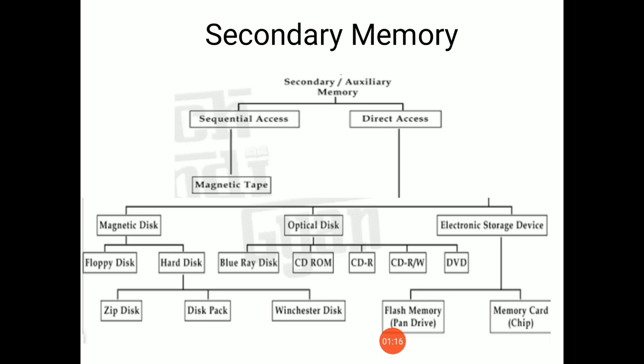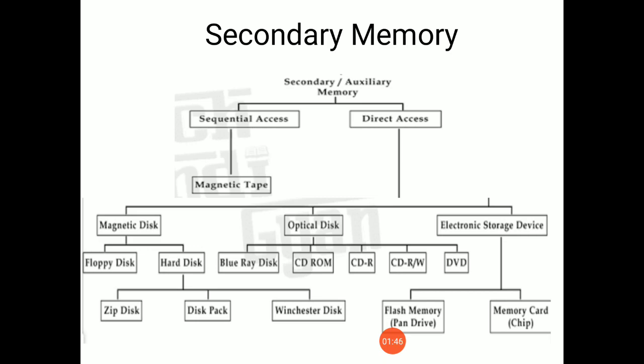In sequential access we have magnetic tape, and in direct access we have magnetic memory as well as optical memory. So, concluding, the overall classification is in terms of magnetic memory and optical memory.